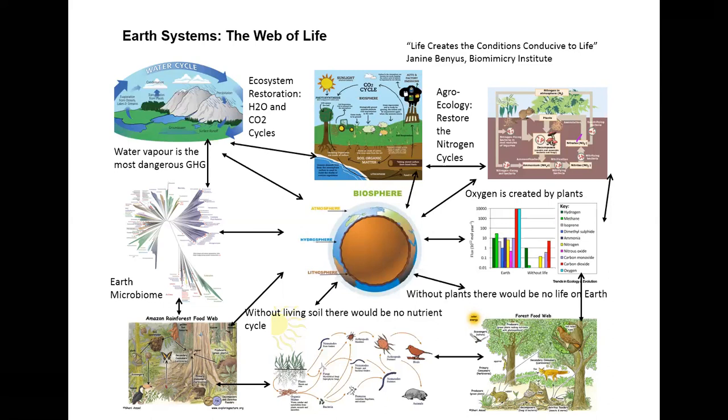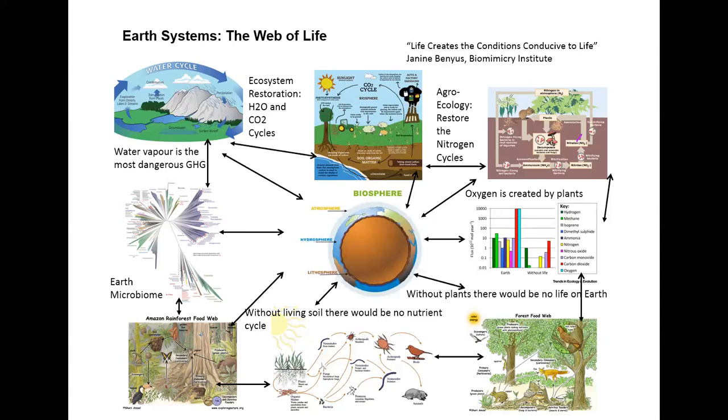We've looked at the food webs, with the dependence of primary, secondary, and tertiary consumers, the herbivores, carnivores, and omnivores, on the primary producers, which is plant life. And we've looked at the role the decomposers play, the fungi and the living soil web, so that the Earth microbiome is always an essential aspect of biosphere functioning.